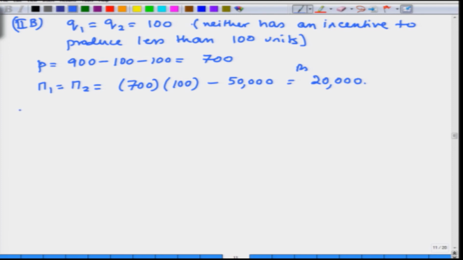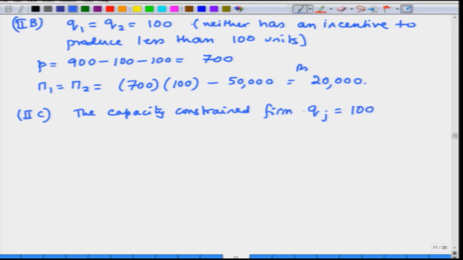And finally, if we have an asymmetric case where one firm is constrained in capacity, but the other firm is not, the capacity constrained firm, let us call it firm 2, the entrant, is going to produce 100 units. For the capacity constrained firm only 100 units are produced.